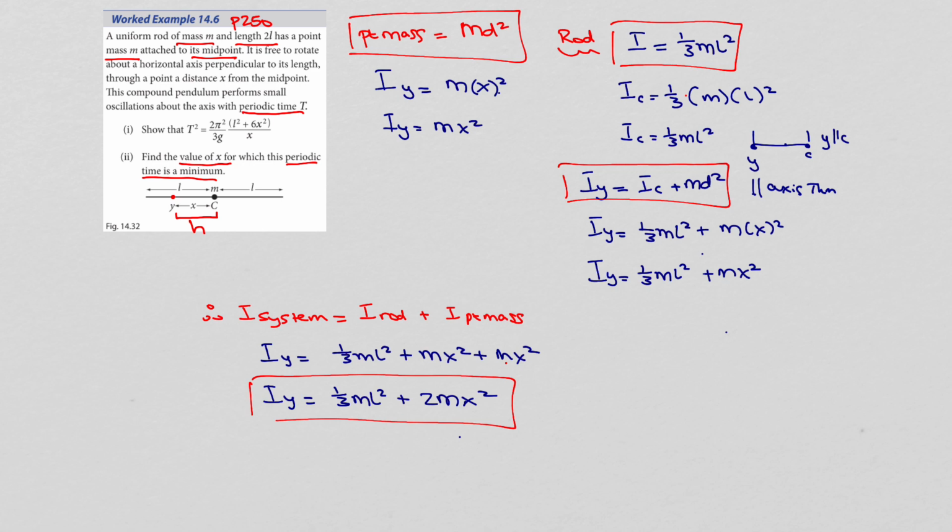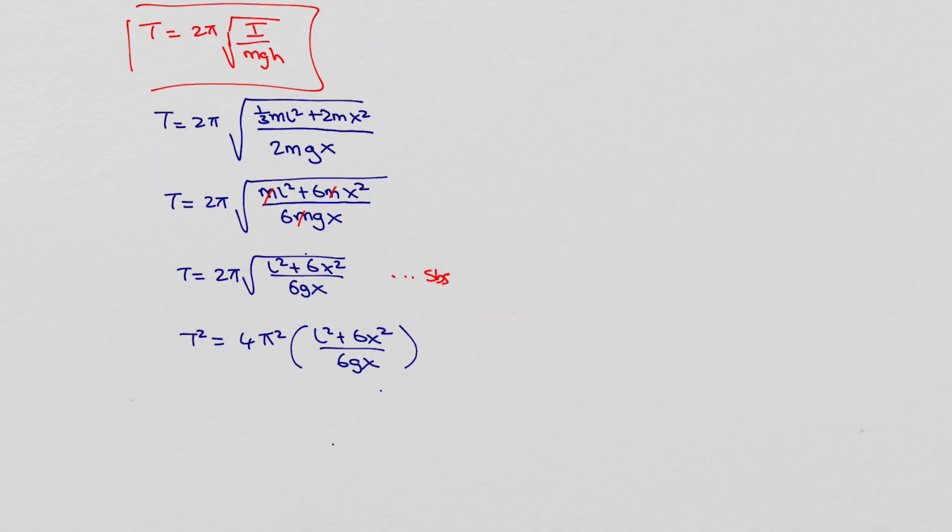Again, going back to the question, it wants me to take out the 3g also. So if I take out the 6g, that leaves me with L squared plus 6x squared over 6x.